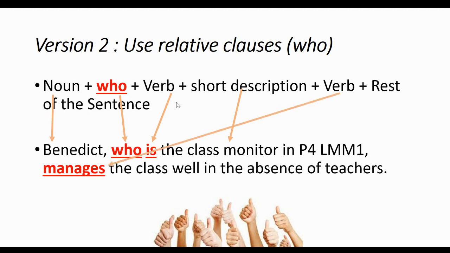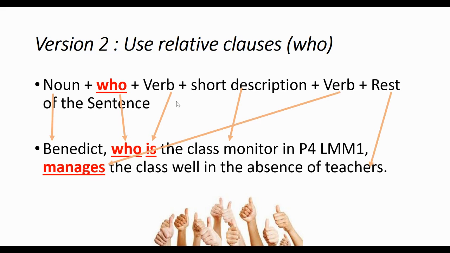The verb is manages, and the rest of the sentence is the class well in the absence of teachers. So the whole sentence now reads Benedict, comma, who is the class monitor in P4 LMM1, comma, manages the class well in the absence of teachers. And the sentences are combined nicely to show you two pieces of information about Benedict. Okay, that's it.